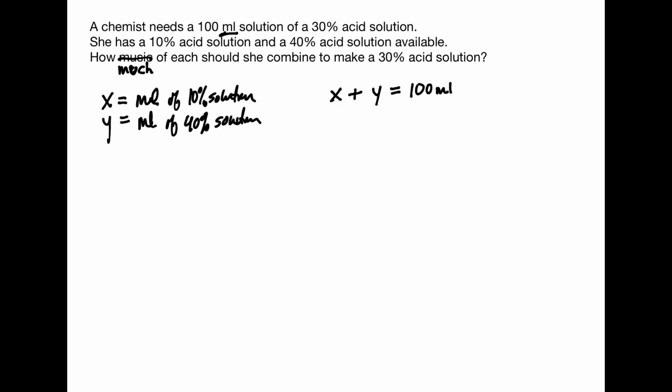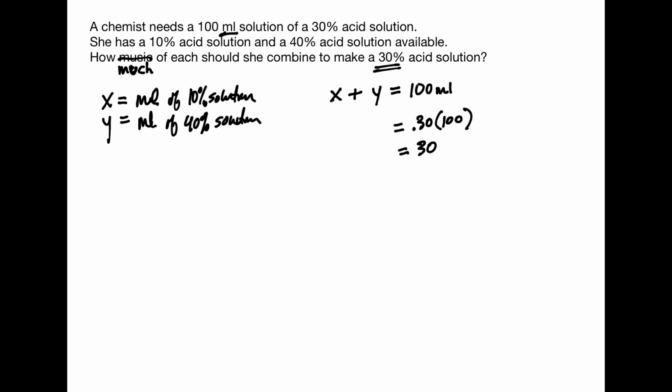All right, the second one I'm going to put in terms of the acidity level and how much acid we have in our solution. So we're wanting in the very end a 30% acid solution, and we have 100 milliliters. So if I take 30% or 0.30 of 100 milliliters, that tells me that 30 of those milliliters are going to be pure acid, right?